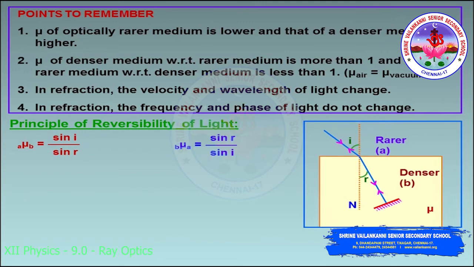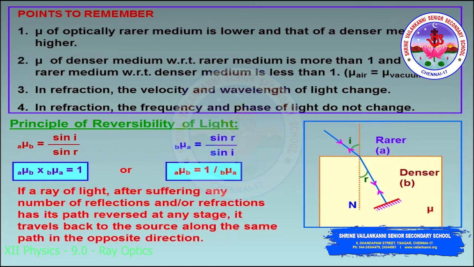Multiplying both, we get μAB into μBA equal to 1. How? Sin i by sin r into sin r by sin i. So we can say μAB is equal to 1 by μBA.